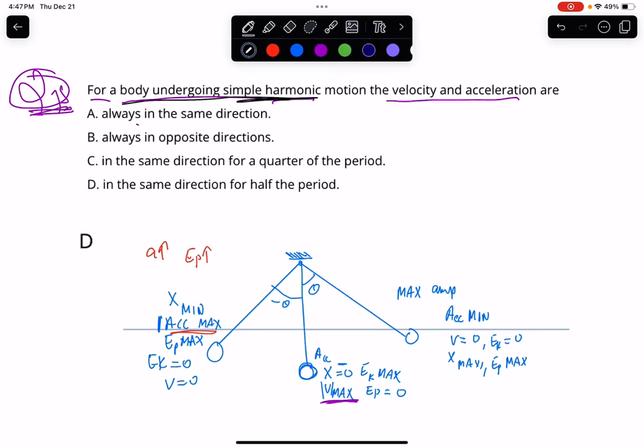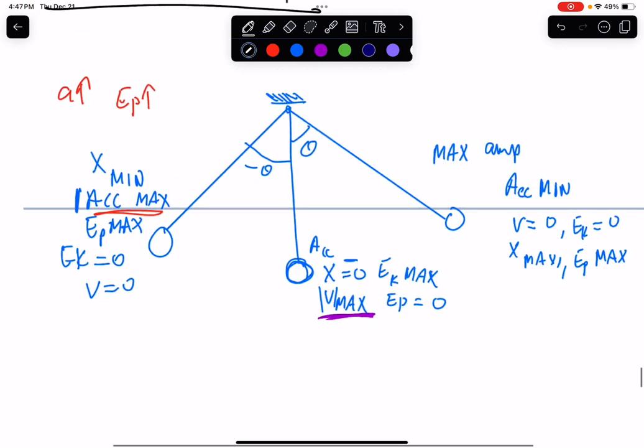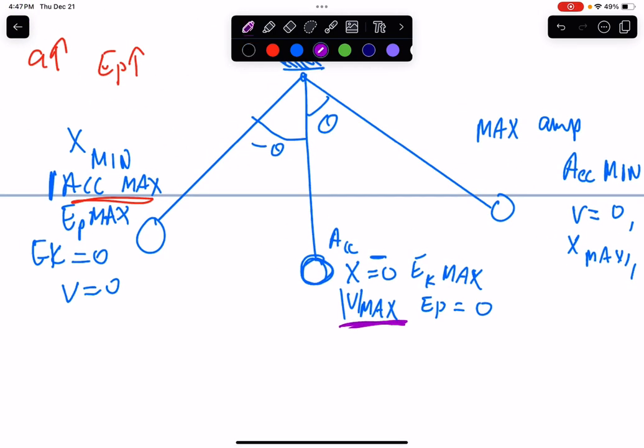So for a body undergoing simple harmonic motion, the velocity and the acceleration are always in the same direction, always in opposite directions, in the same direction for quarter of a period, or in the same direction for half a period. For this, you can once again just visualize this over here.